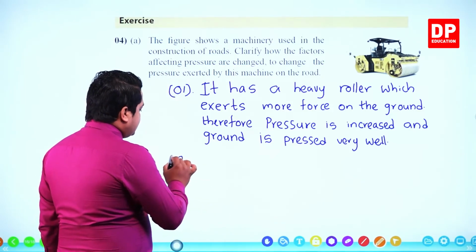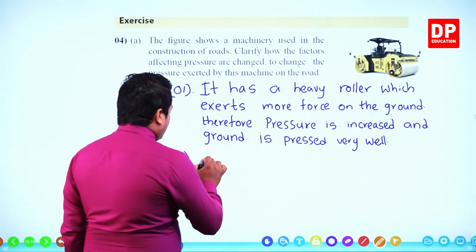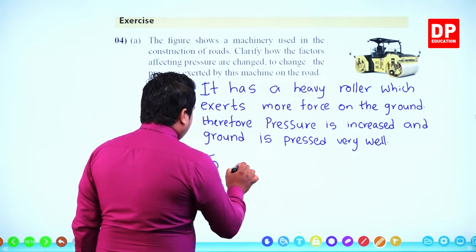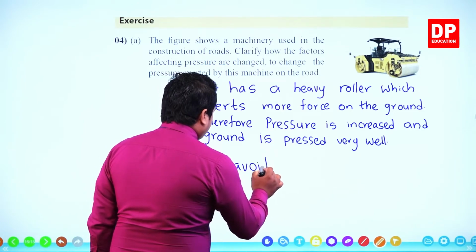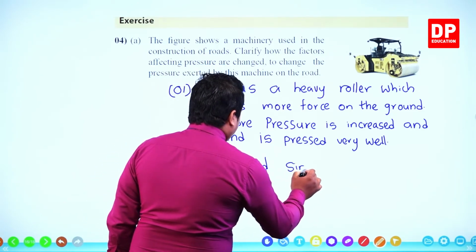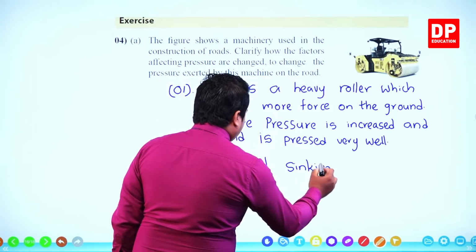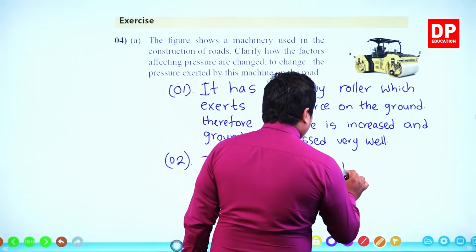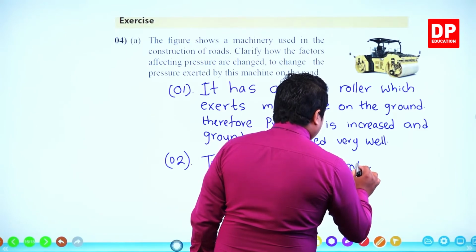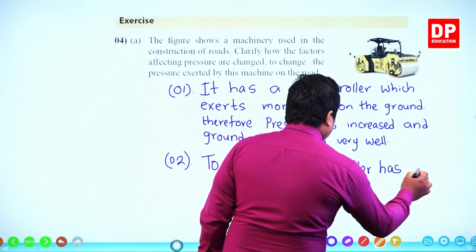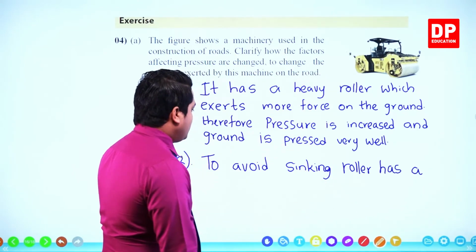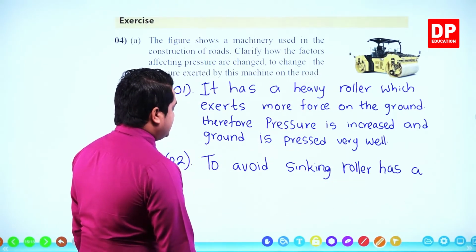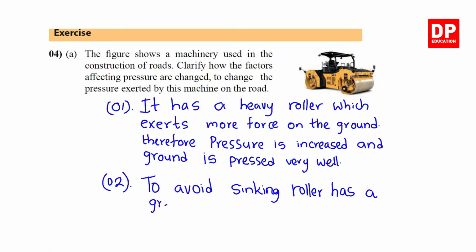In the second case, to avoid sinking, roller has a greater surface area.